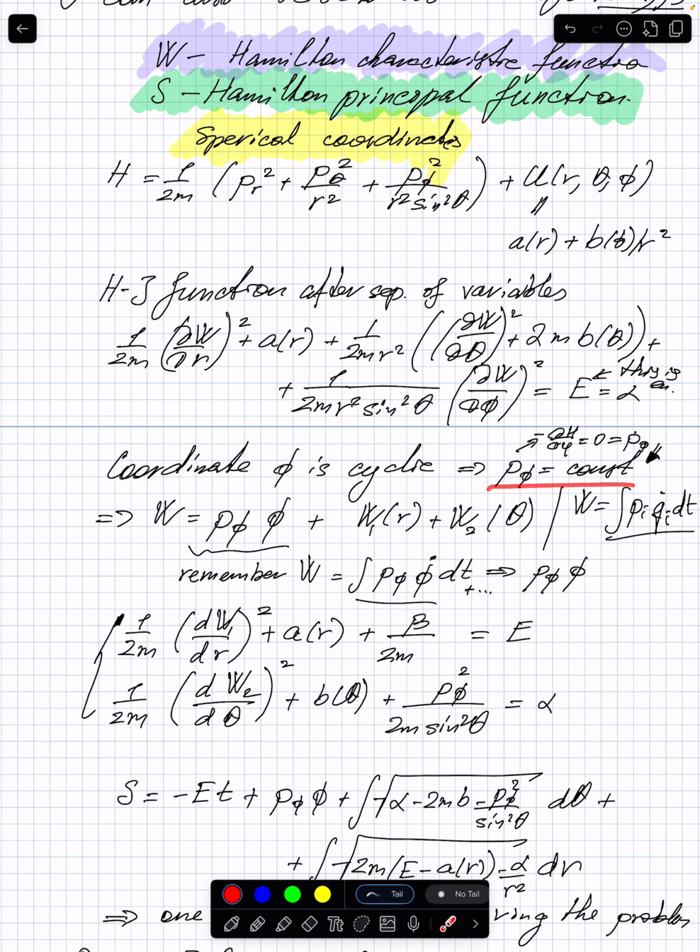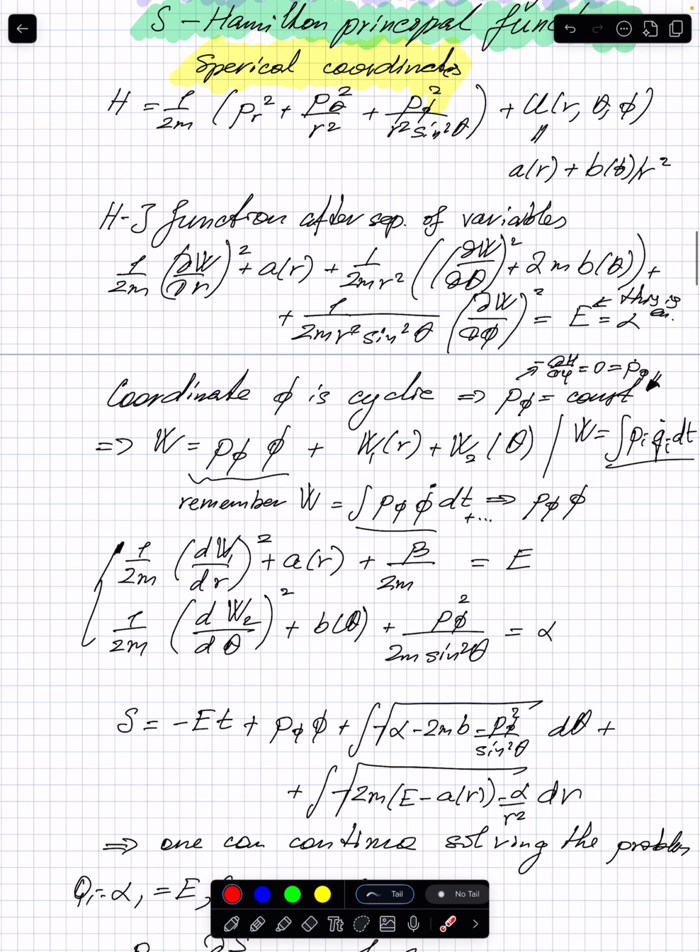What I will end up with is just the integral of phi dot times dt. This integral is simple to find. It will give me just phi, up to a constant. So the W part which carries the dependence on the cyclic coordinate phi will be very simple. It's p phi times phi, where p phi is a constant. This I will explicitly include when I write this function.